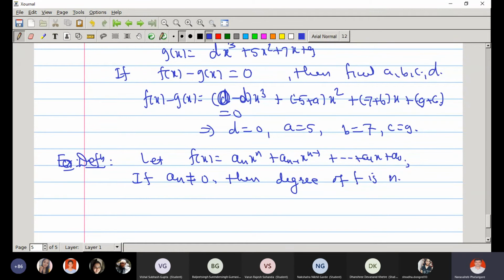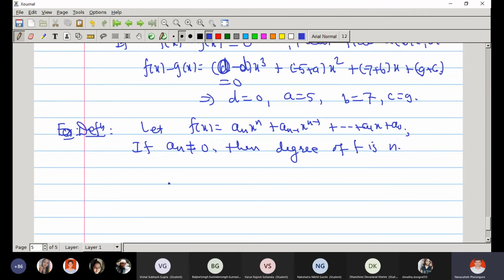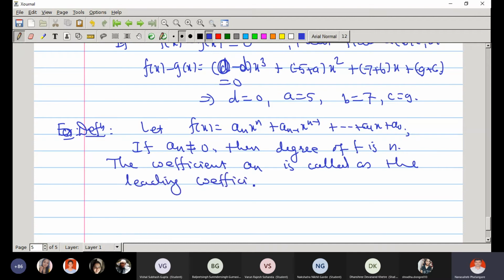Since a_n is non-zero, the degree of f is n, and a_n is called the leading coefficient of f.